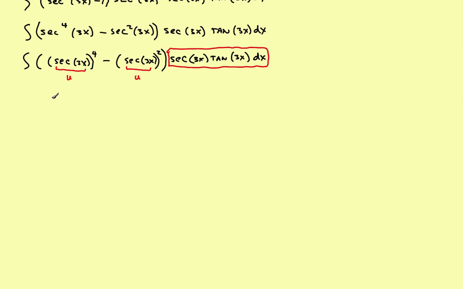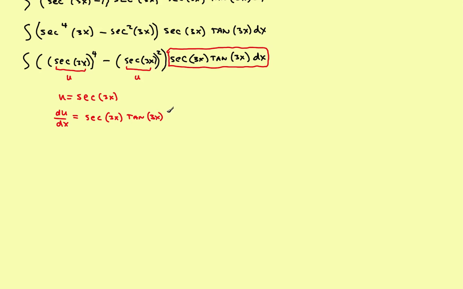Okay, so what you've got, you're going to let u be equal to the secant of 3x. Then find the derivative of that. Well, the derivative of u with respect to x, the derivative of the secant is the secant tangent. So this will become the secant of 3x times the tangent of 3x. And then remember, this is a composite function.